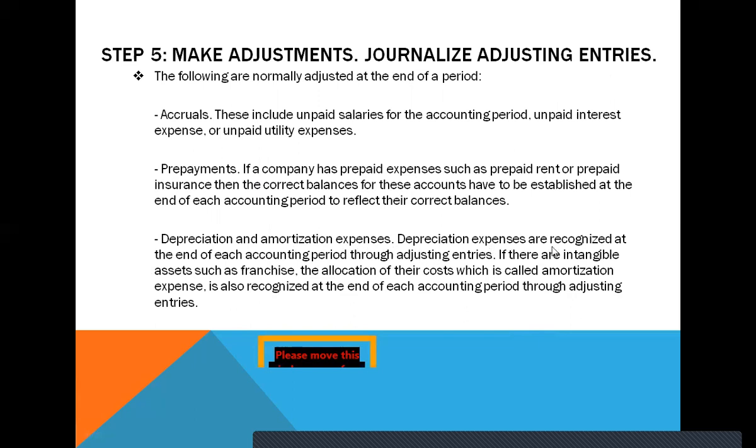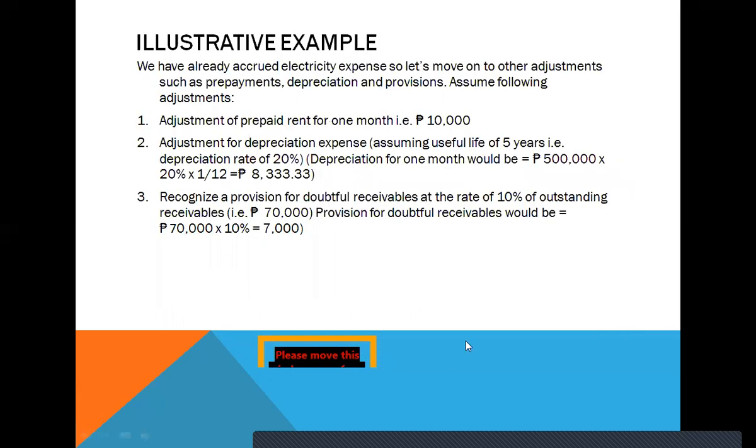Depreciation expenses are recognized at the end of each accounting period through adjusting entries. If there are intangible assets such as a franchise, the allocation of their cost, which is called amortization expense, is also recognized at the end of each accounting period through adjusting entries. And the allowance for doubtful accounts.